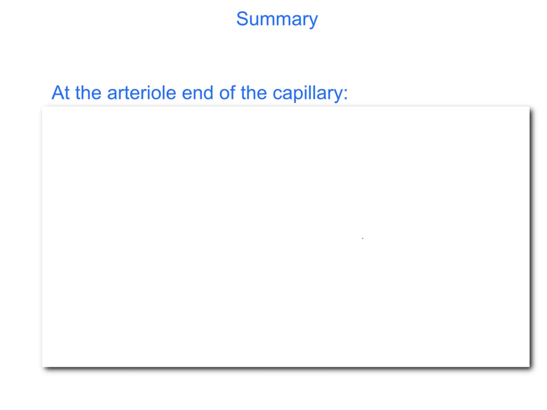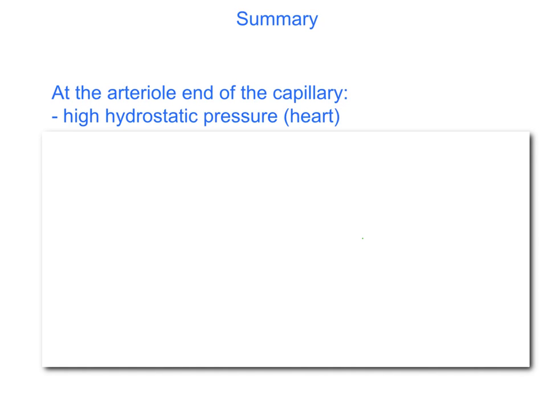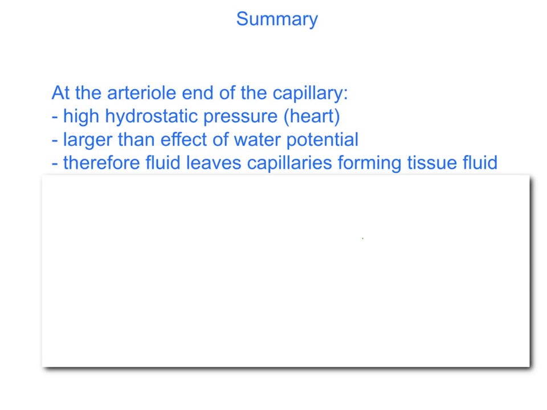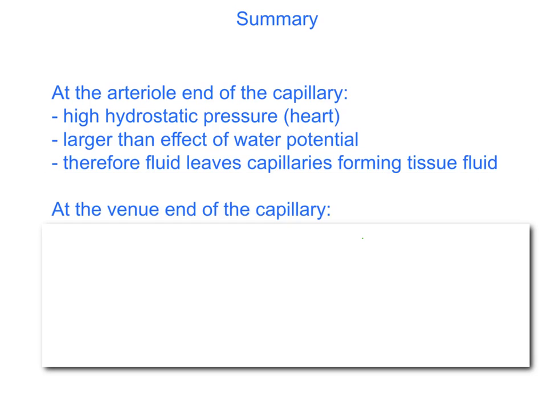So in summary, at the arterial end of the capillary, there is a high hydrostatic pressure due to the pumping action of the heart. This hydrostatic pressure is larger than the effect of water potential, and therefore fluid leaves the capillaries to form tissue fluid.